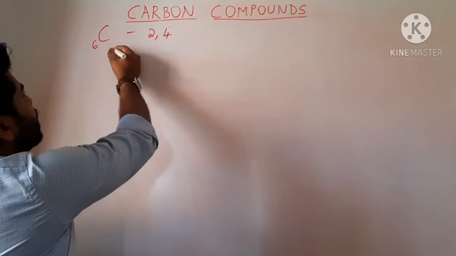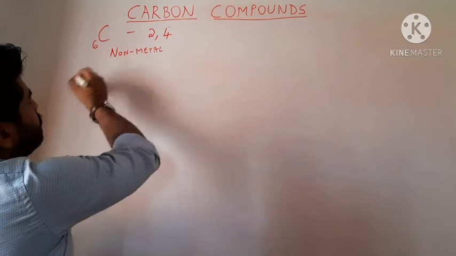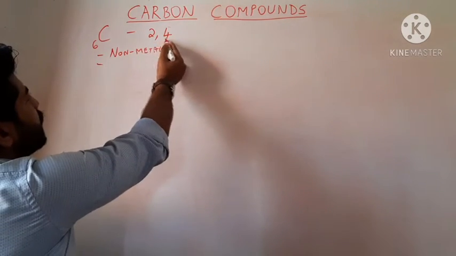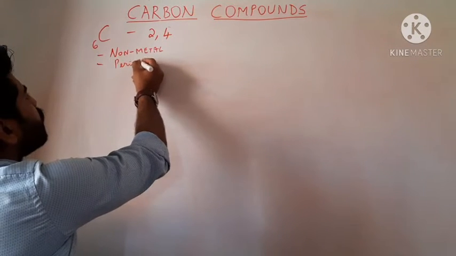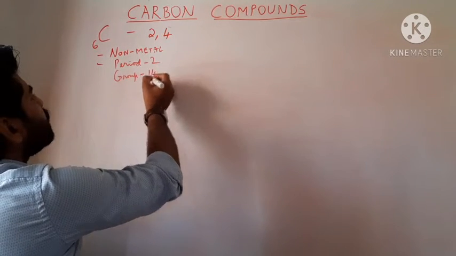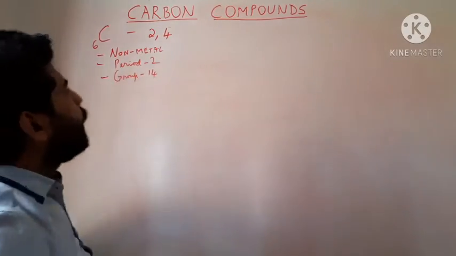Carbon, of course, is a non-metal. In the periodic table, carbon belongs to the second period and 14th group, and it is a non-metal.